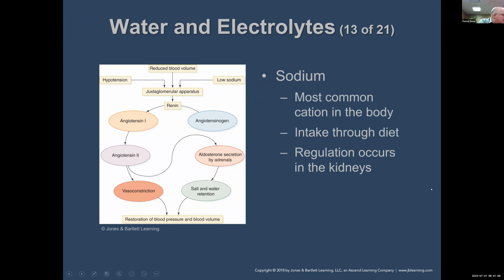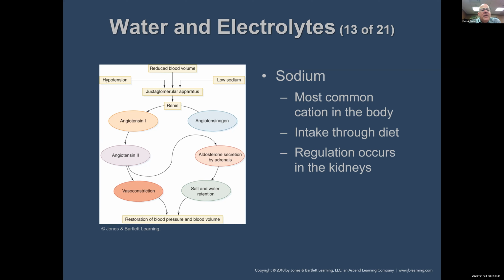So, water and electrolytes here. This is the RAS system, okay? Sorry, this one was a little out of place, but what we have here is, let's say, reduced blood volume, hypotension due to, let's say, vasoconstriction, or low sodium, right?